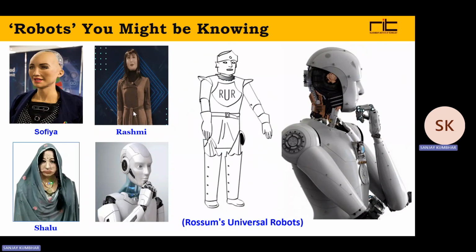So these are the humanoid robots. Sophia, the first humanoid robot, got citizenship in Saudi Arabia. Rashmi is a humanoid robot developed by Srivastav at Ranchi, which conducts the Ask Rashmi program on radio.